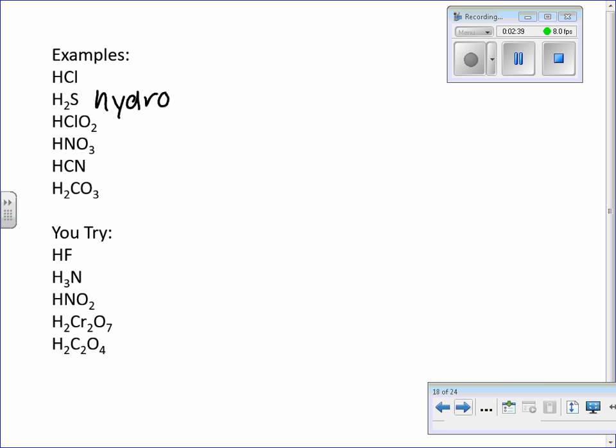And then we have sulfur. This one's a little weird. We should be dropping the ending, but this actual ending is sulfuric. I know it still looks like sulfur, but that one's just kind of a weird one where you're not going to drop the full ending. So we have hydrosulfuric acid.